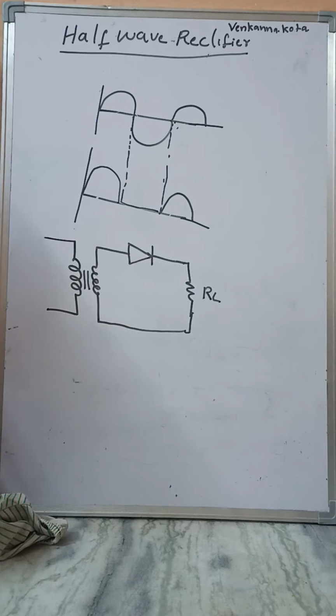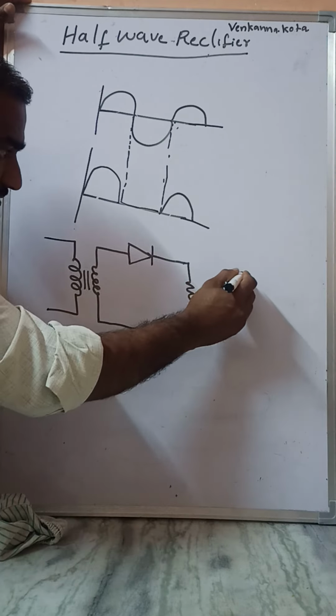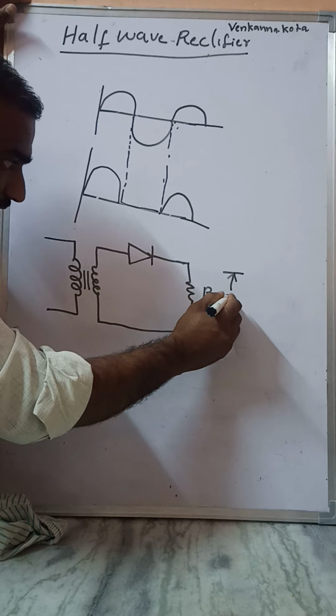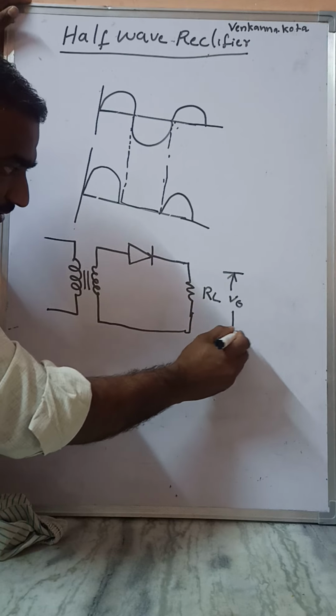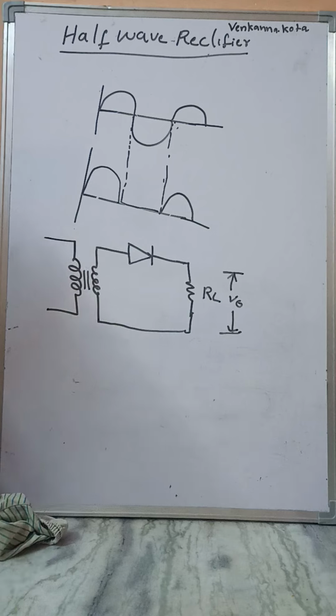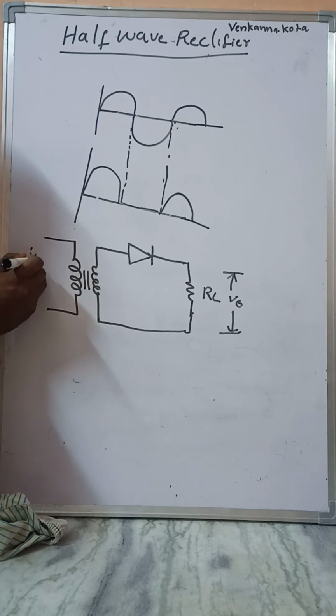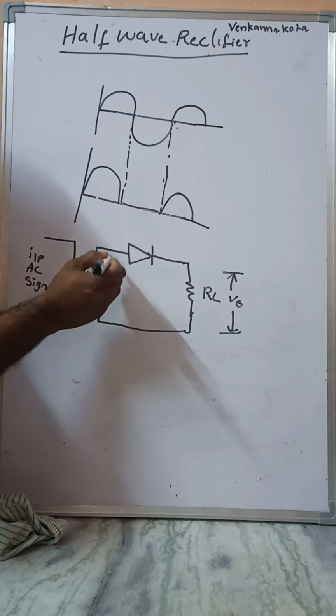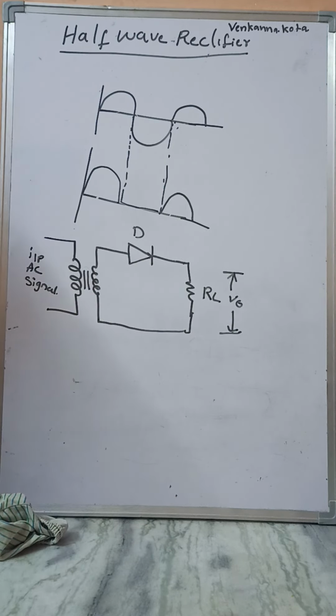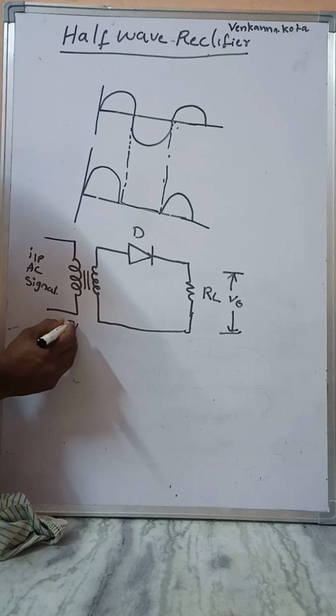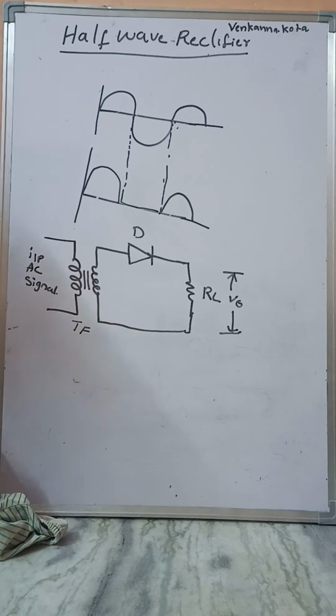We have to take the output across the load resistor RL. This is the input AC signal, this is the diode D, and this is the transformer.